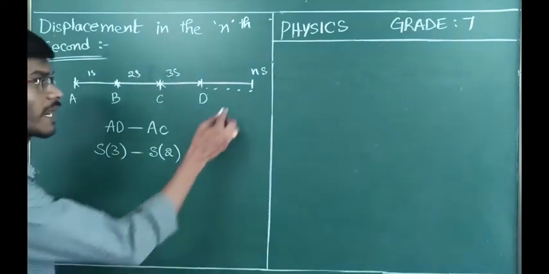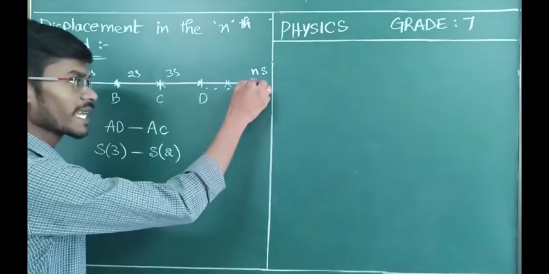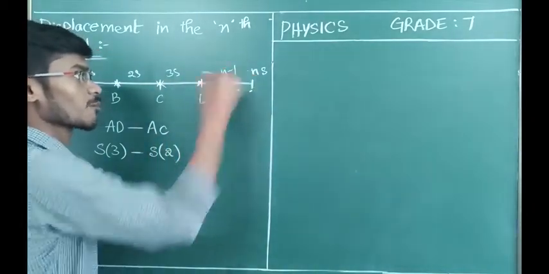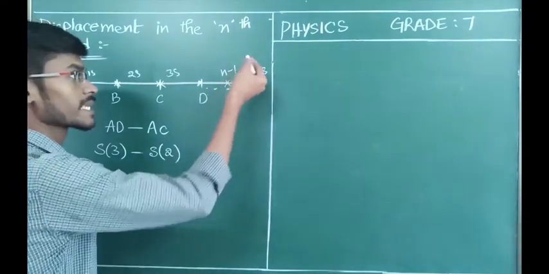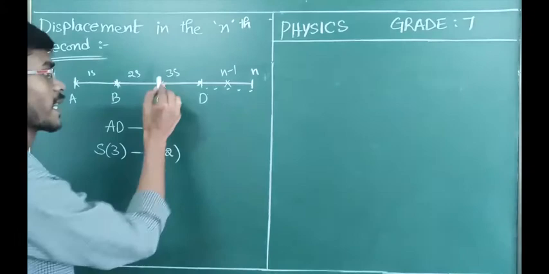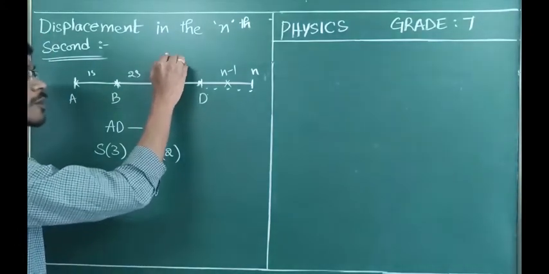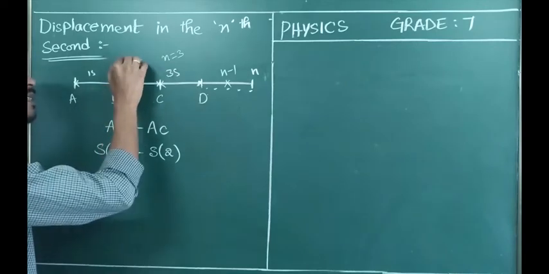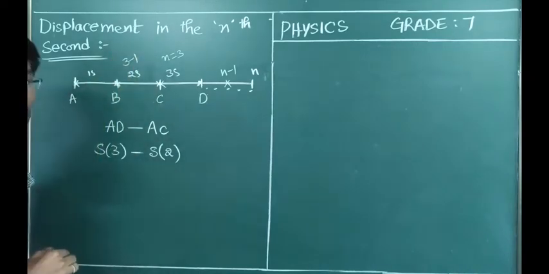In the same way, likewise, if it is the nth second, before that will be n minus 1 second. So this is n minus 1. Even if you observe here, if n is equal to 3, meaning n is the third second, this will be 3 minus 1.